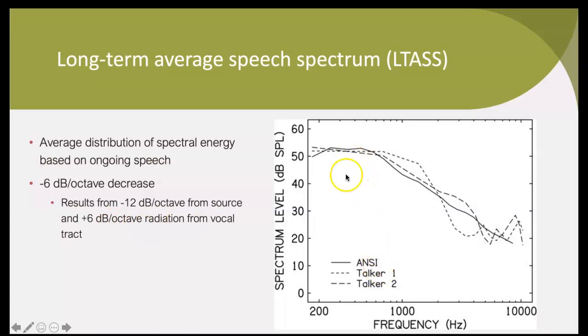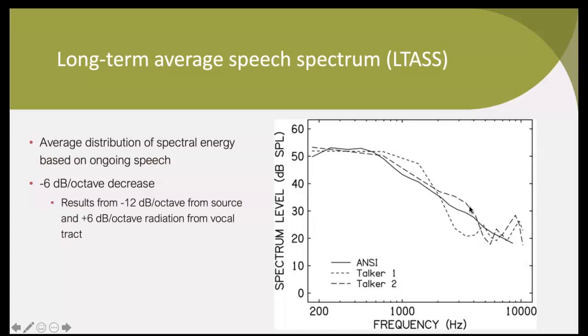Okay, so this shows you an ANSI, but don't worry about that. But this basically shows you talker 1, talker 2. There's a little variability, but the overall shape is what I want you to see. Okay, and if you recorded this from numerous people, it would look somewhere between talker 1 and talker 2.